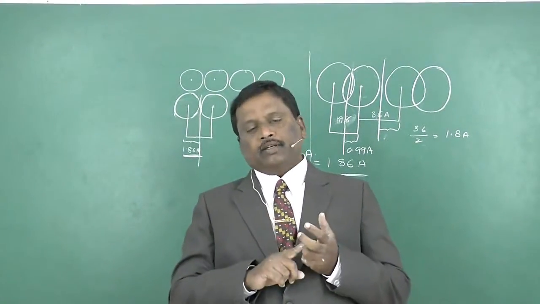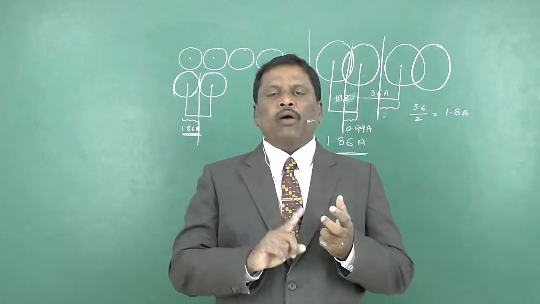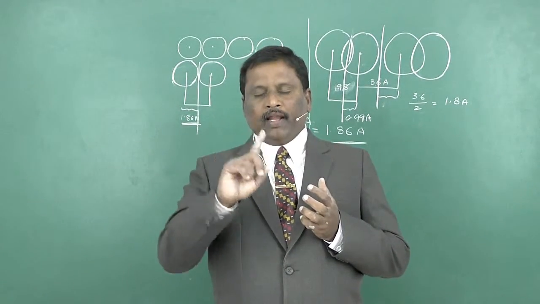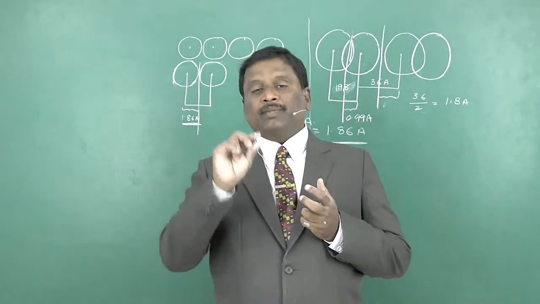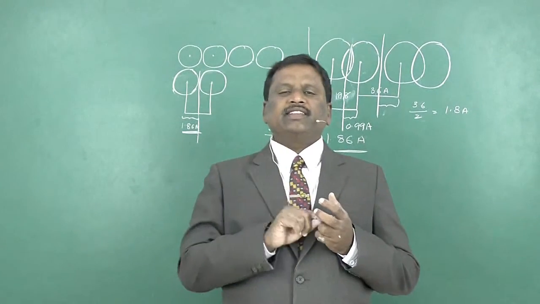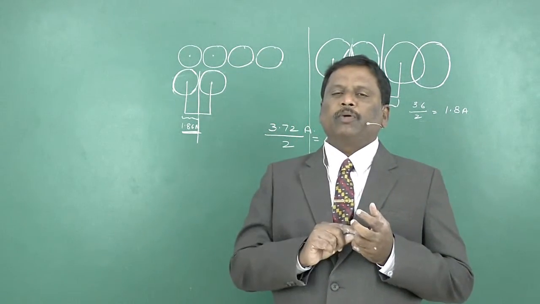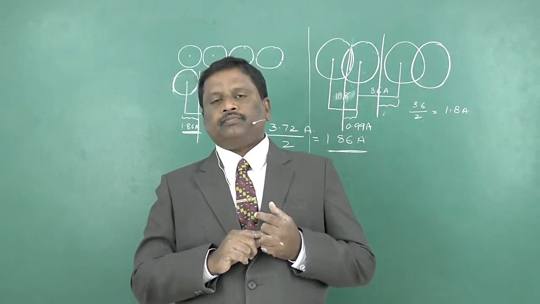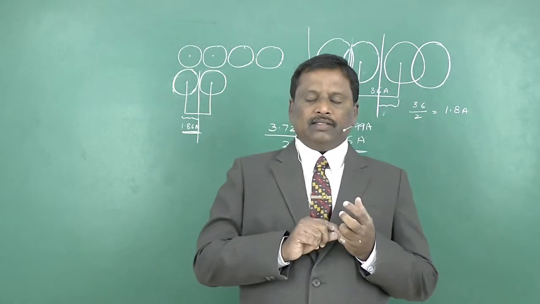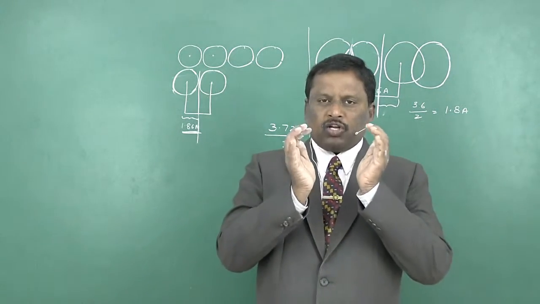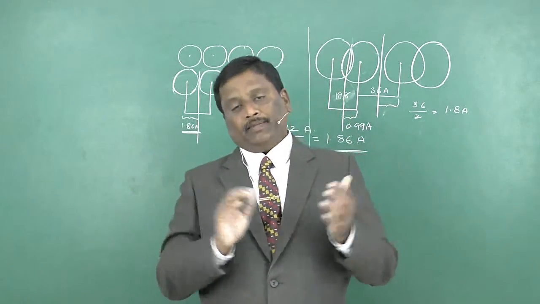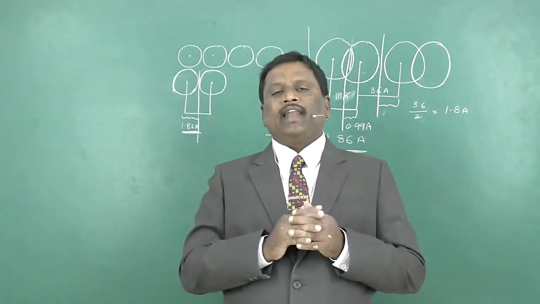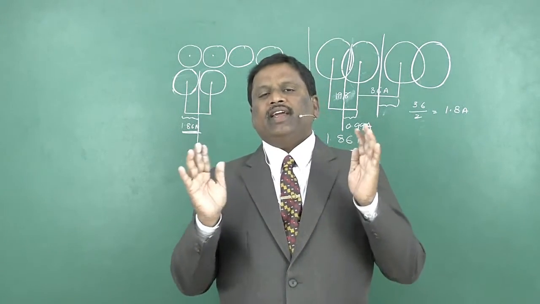The second condition is that the atom is too small, and its radius is in the range of 10 to the power minus 8 to 10 to the power minus 12 or 13 angstroms. And the third condition is that the electron cloud has no sharp boundary. These are the three main reasons why we are unable to calculate the radius of an atom.